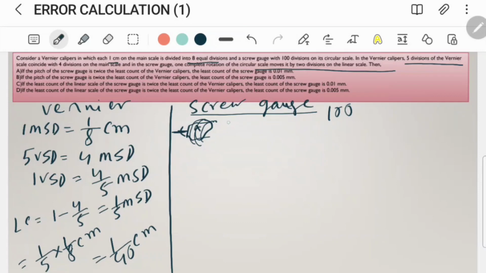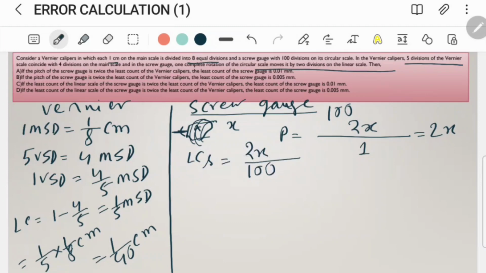Let us consider 1 division on the linear scale is equal to x. Then 2 divisions is equal to 2x, and our pitch is 2 divisions divided by 1 circular rotation. And the least count of the screw gauge is therefore pitch divided by the total number of divisions, which is 100. This is the least count of the screw gauge.